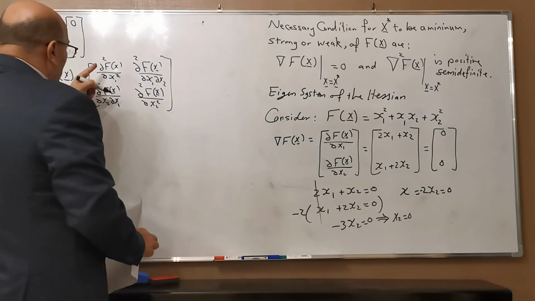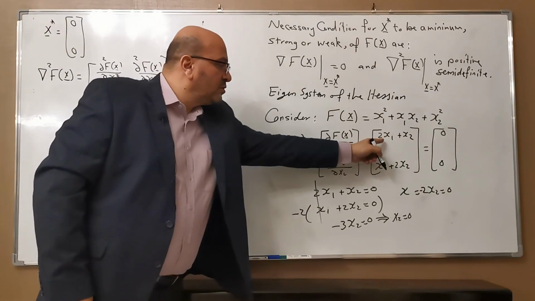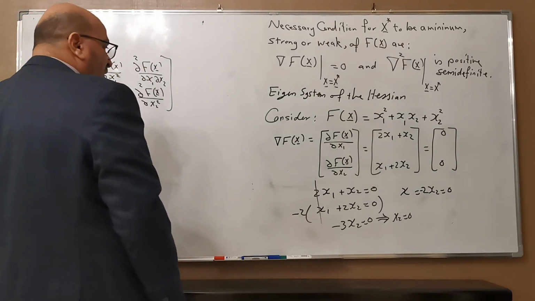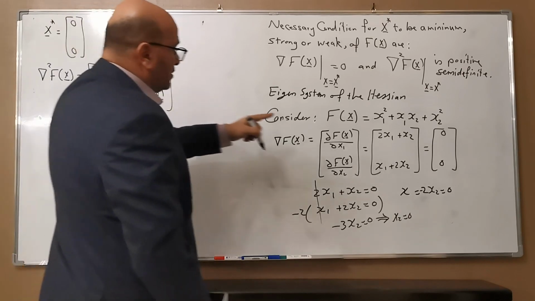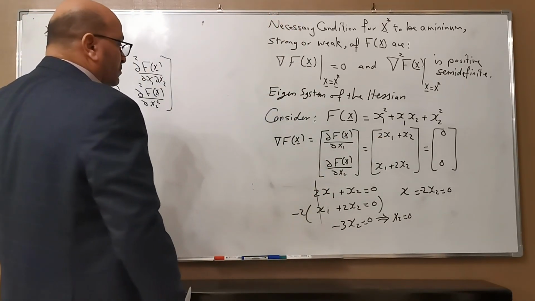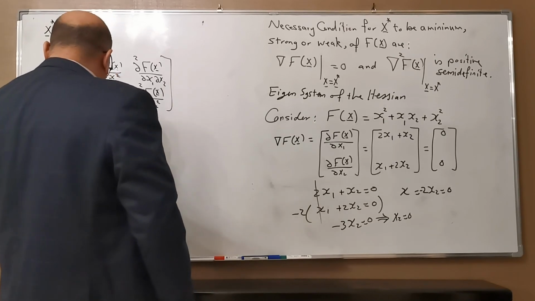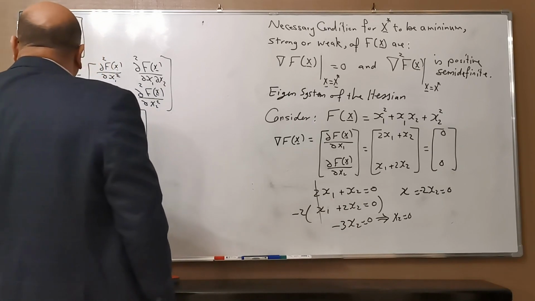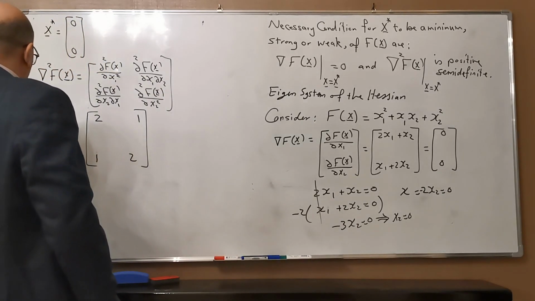If you apply this to the gradient, the second derivatives are 2 and 1, and 1 and 2. So this is our Hessian matrix.